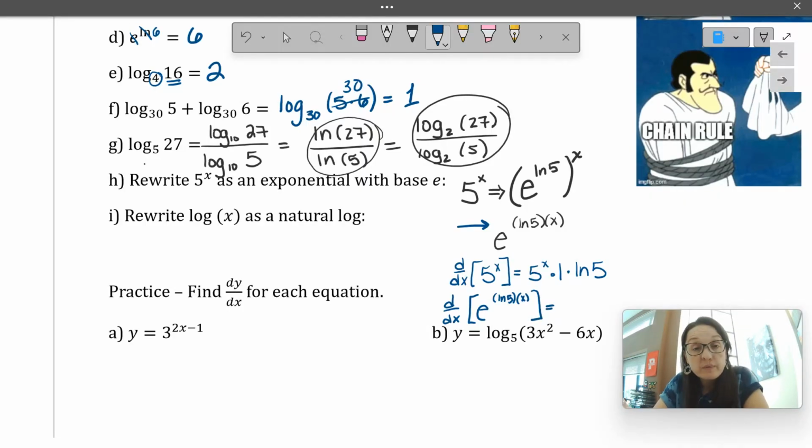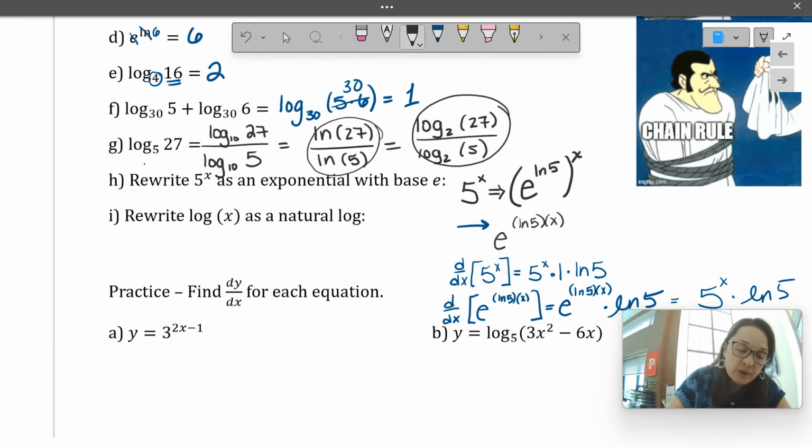Well, the derivative of e to the something is itself times the derivative of the exponent. The derivative of ln 5 times x is ln 5, because ln 5 would act like a coefficient. And then e to the ln 5 times x is really just 5 to the x. And that's where the rule comes from.